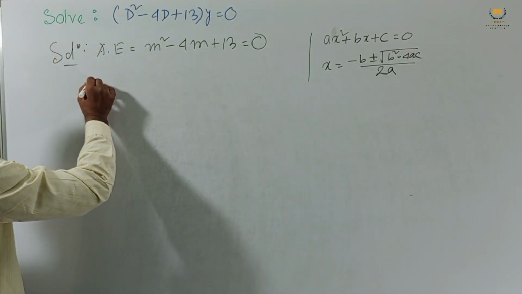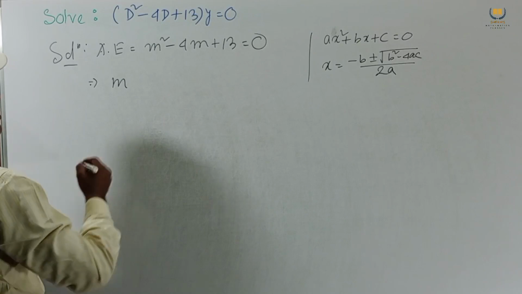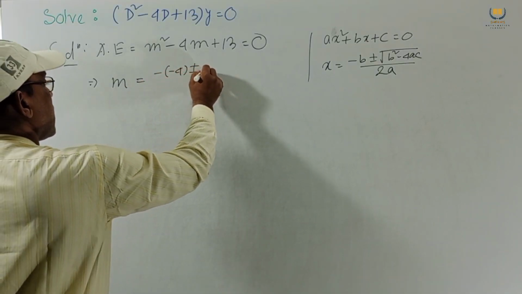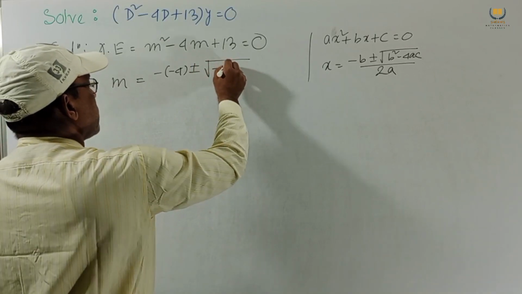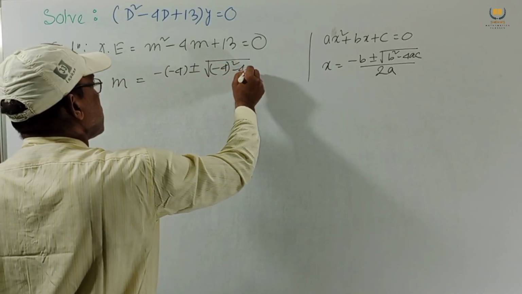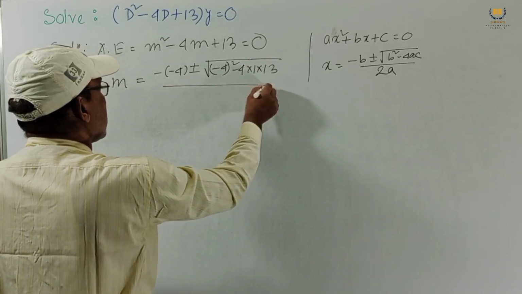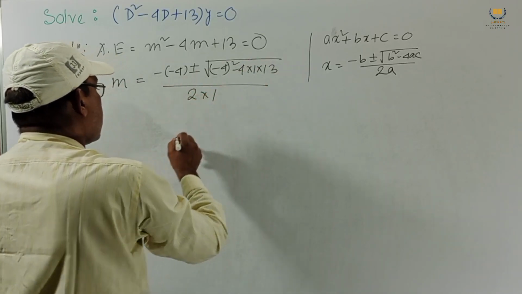So using this formula we get m equal to minus of minus 4 plus minus root of 4 square minus 4ac, divided by 2 into 1.